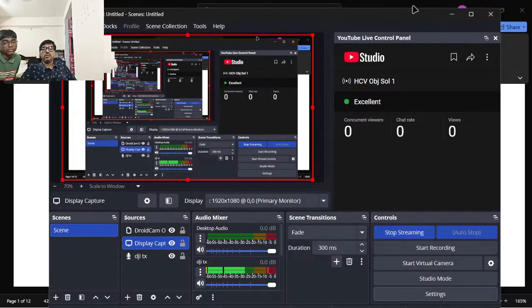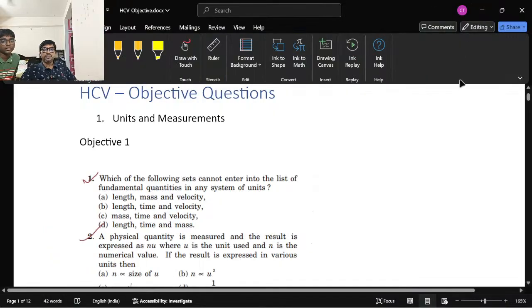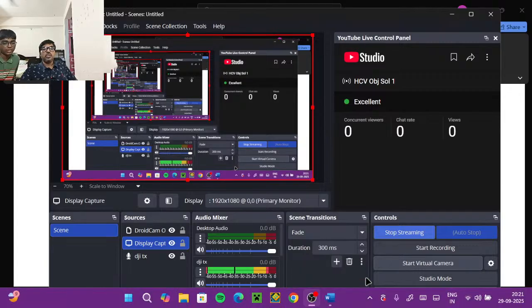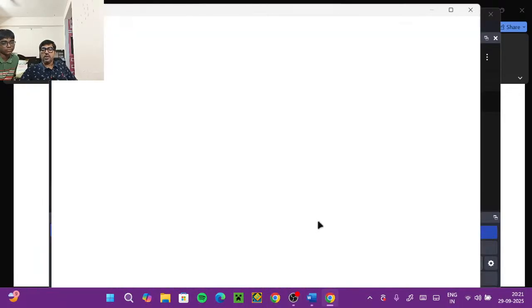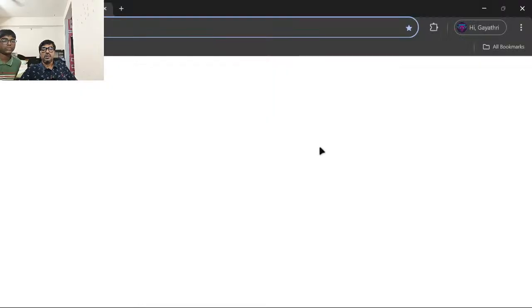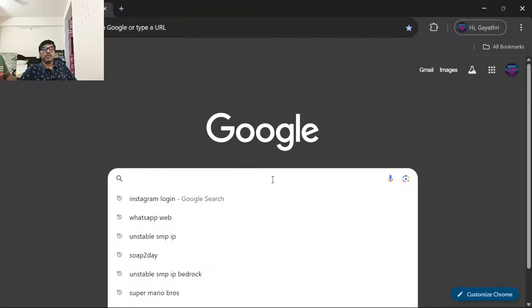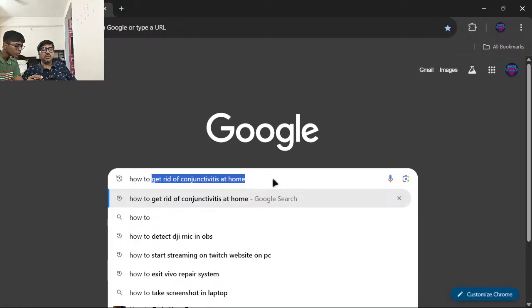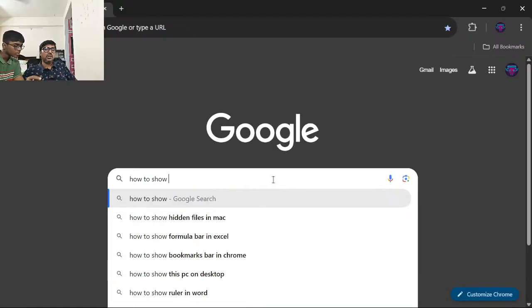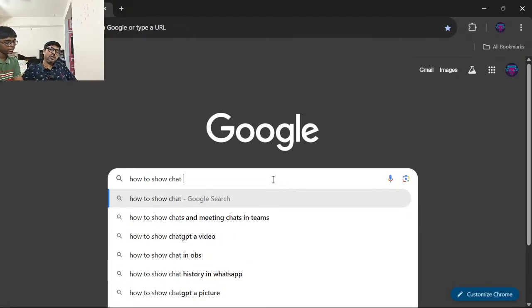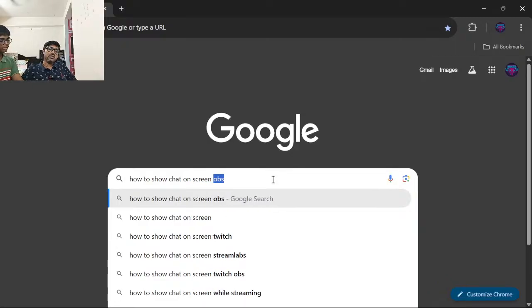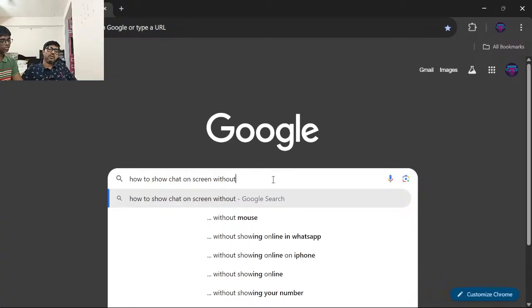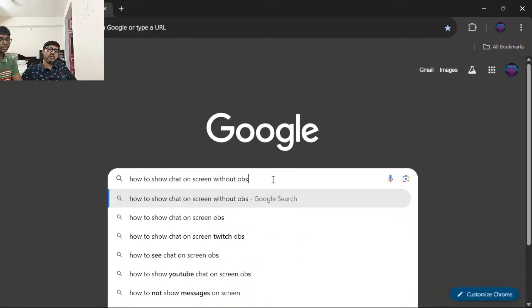Are you sure? Should I minimize it or? Not required. Okay. But I want to know if I'm visible or not. I have to go to Chrome. What do you want to show chat on OBS screen without OBS?